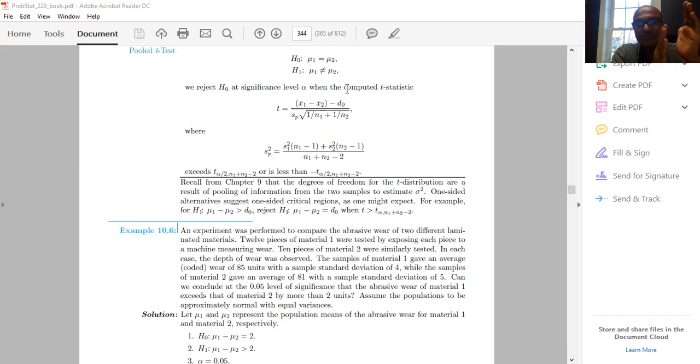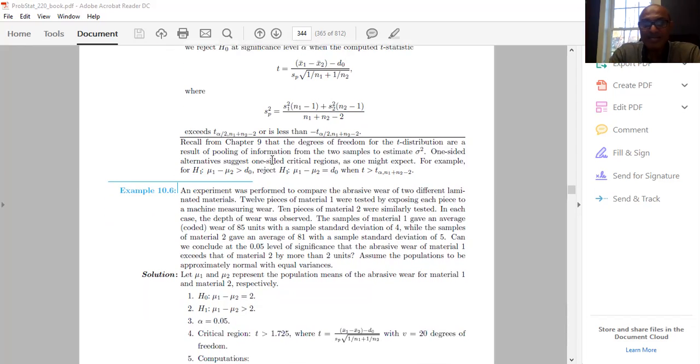Same way, suppose lower bound is there and mu1 is less than mu2. In that case, suppose your T value is lying below the lower bound. In that case, reject H0. If T value is lying on the other side of the lower bound, then don't reject H0.